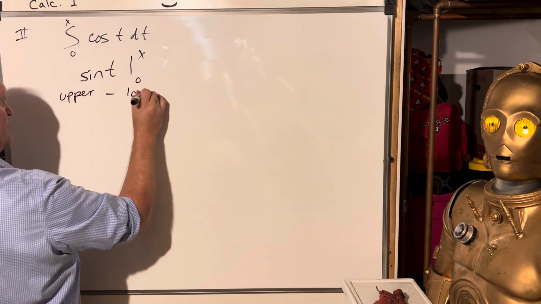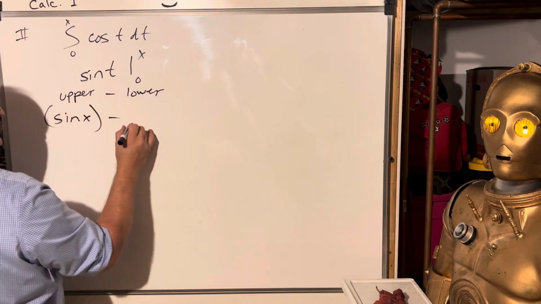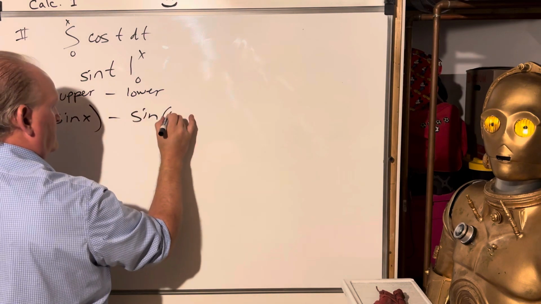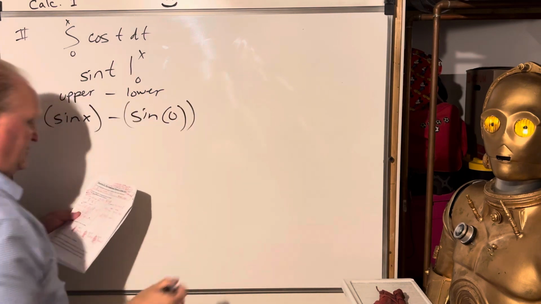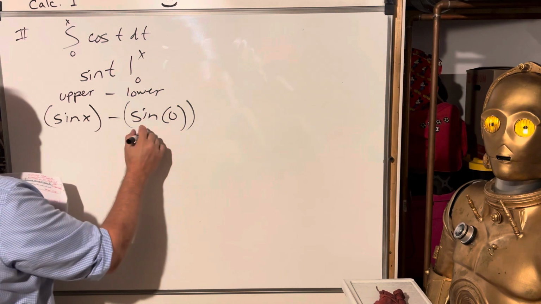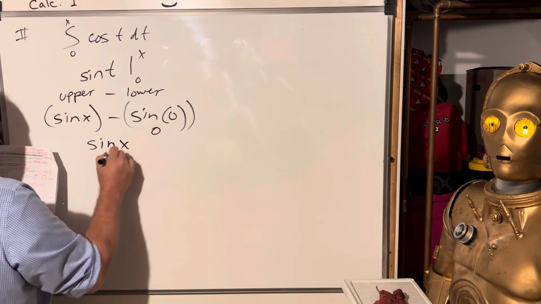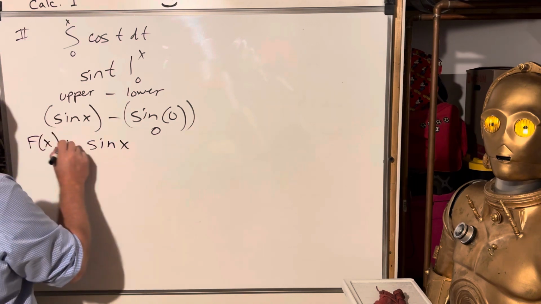So the sine of x minus the sine of 0, which does happen to be 0. So that's just sine x. F of x is equal to the sine of x.